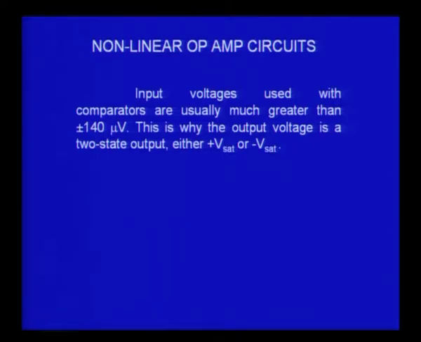So the input range is plus 140 minus 140, total 280 microvolts. Over 280 microvolts it will make a transition from minus to plus or plus to minus, and therefore that helps us to detect the difference in voltage when I compare two voltages within plus or minus 140 microvolts. That is the whole principle of the comparator.